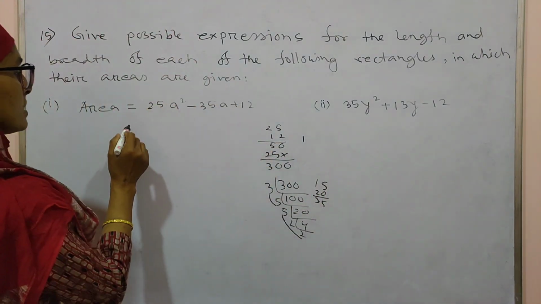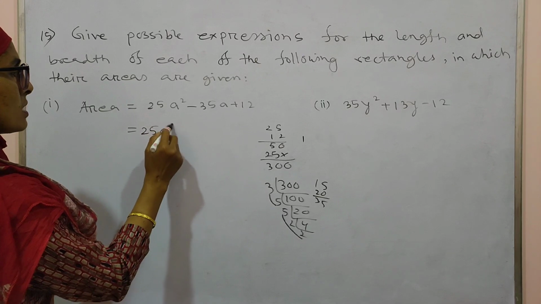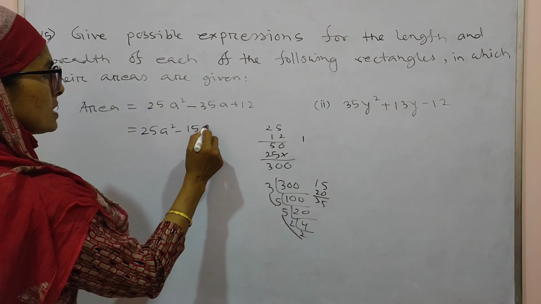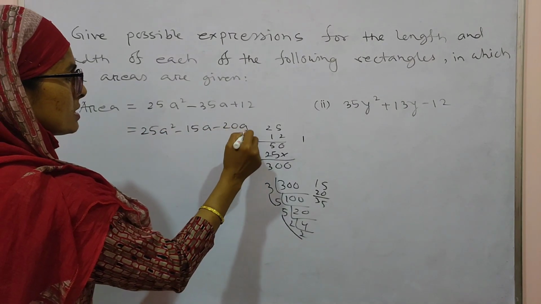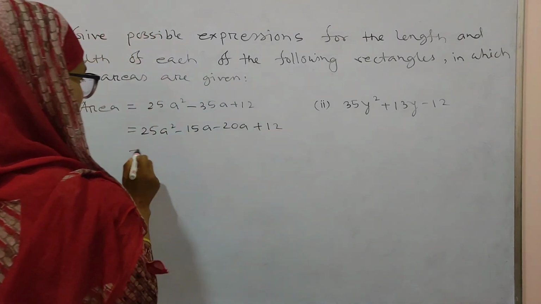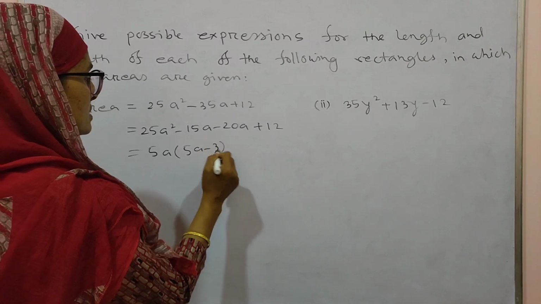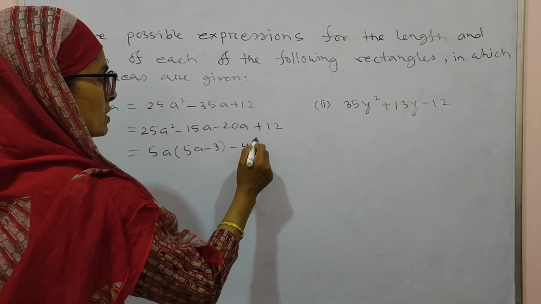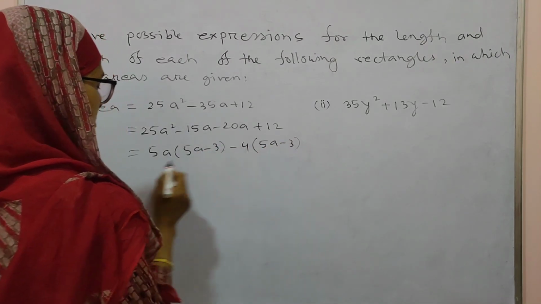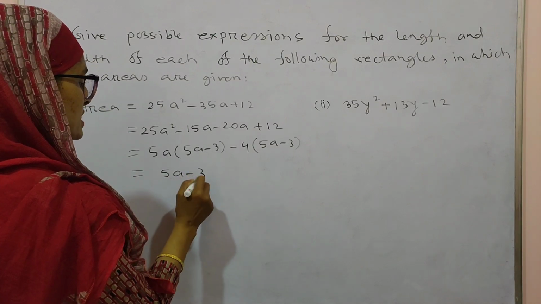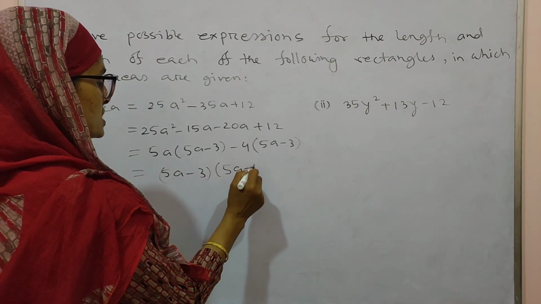So write down 25a square minus 15a minus 20a plus 12. Now take 5a common, 5a minus 3. Minus here common, minus 4, 5a minus 3. Again common, 5a minus 3, 5a minus 4.